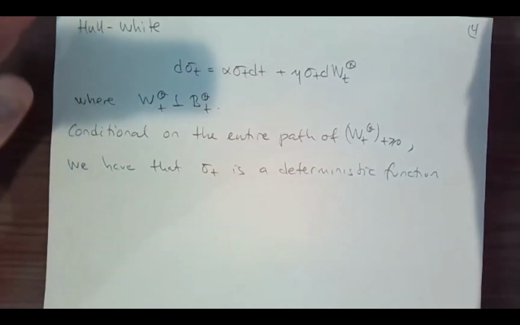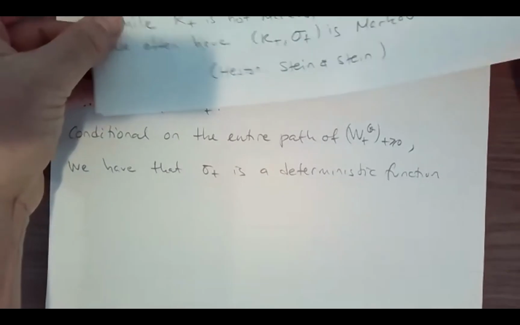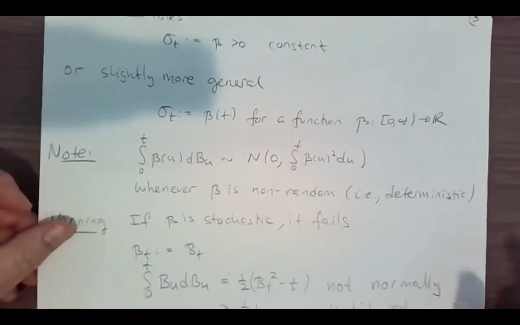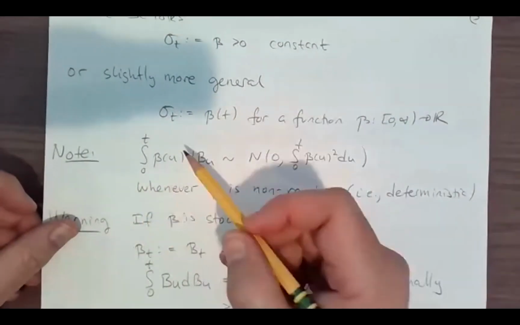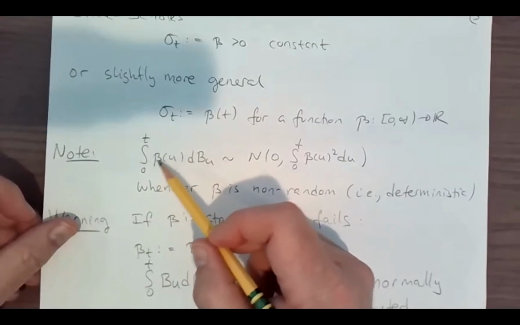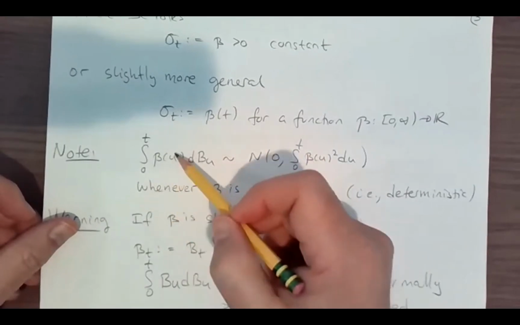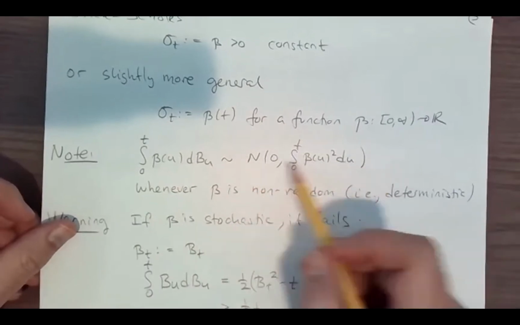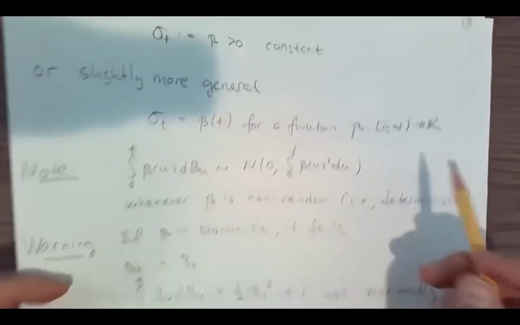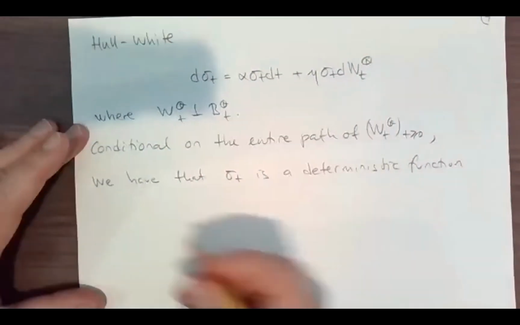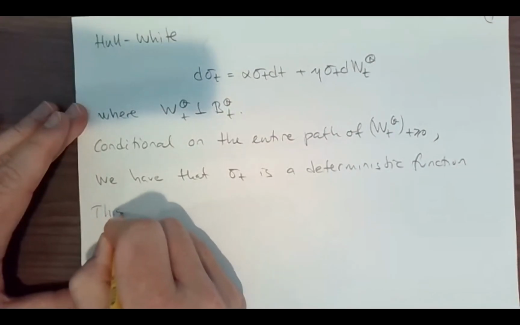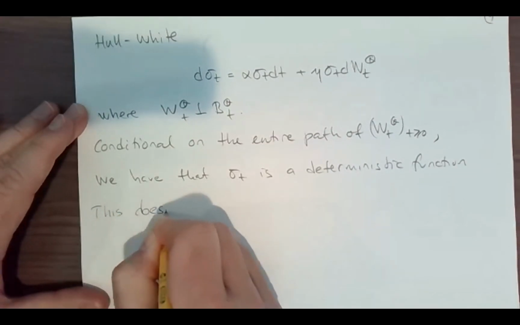And we're back in business. We can now go back and reuse this result here. When we condition on W, this beta becomes a deterministic function, and you get a conditional distribution that has exactly this mean and this variance. But it doesn't work.